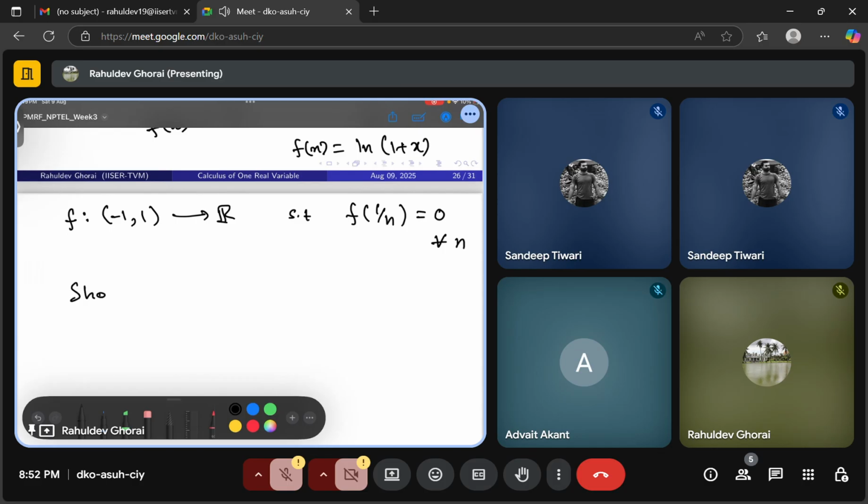Show that f'(0) is equal to f''(0) is equal to 0. And f is twice differentiable. Can you show that f'(0) is equal to 0? Also f''(0) is equal to 0.